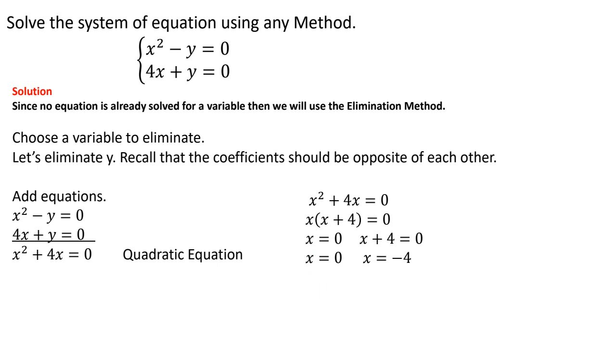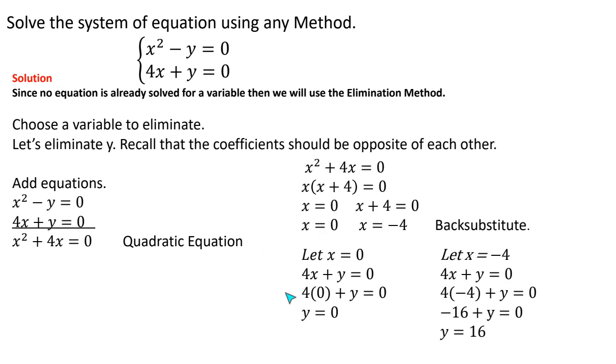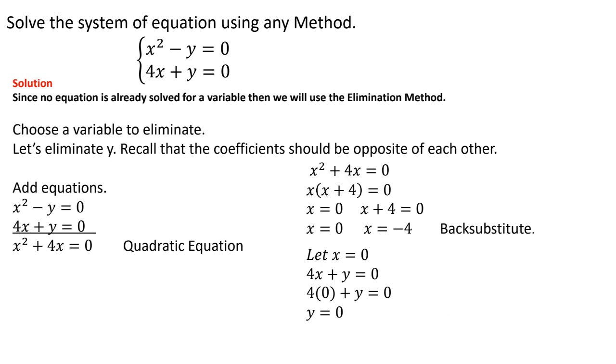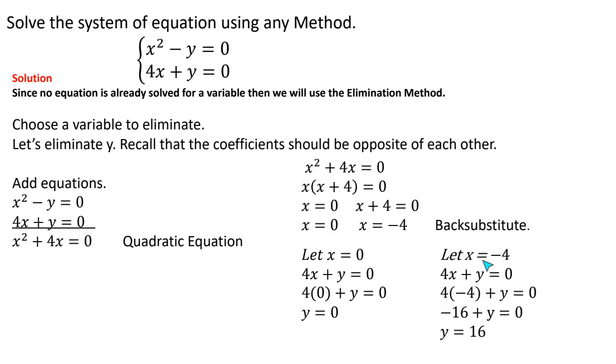So we need to find the y's. Let me go back one. If x equals 0 and I choose that second equation, 4x plus y equals 0, wherever I see x, I replace it with 0. So I get y is equal to 0. I have to do the same for -4.